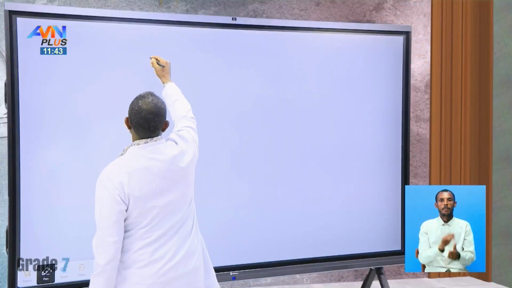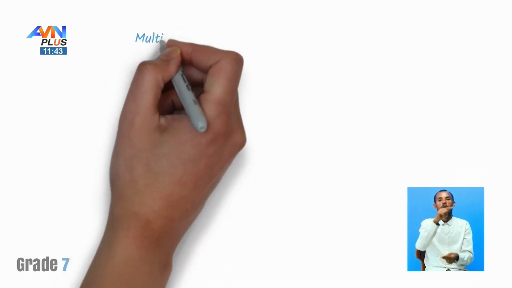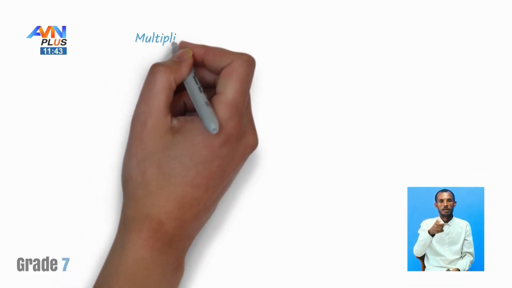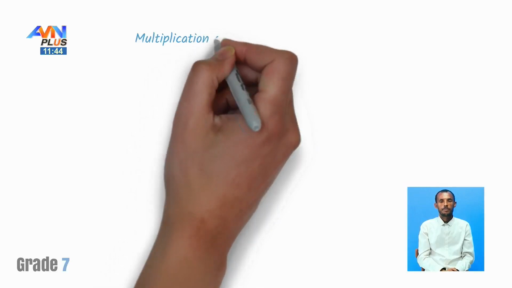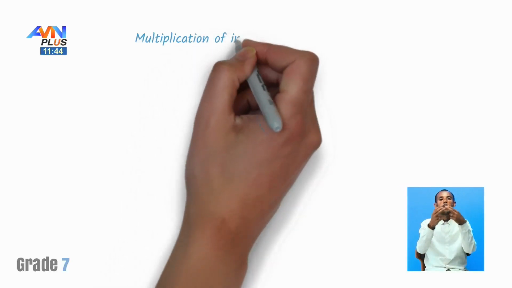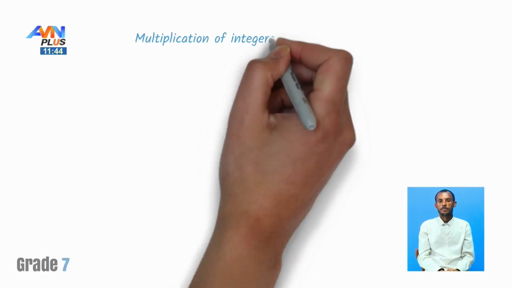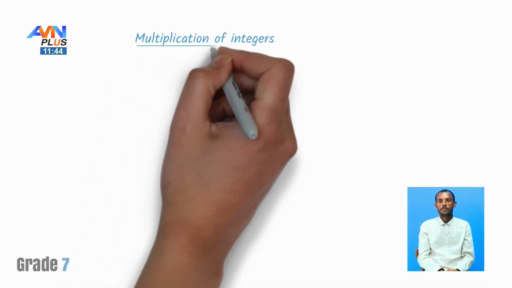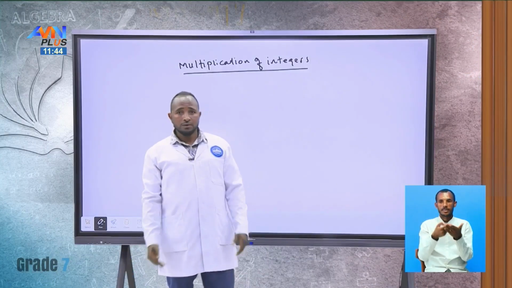The first part, multiplication of integers. Okay, let's see this through example.